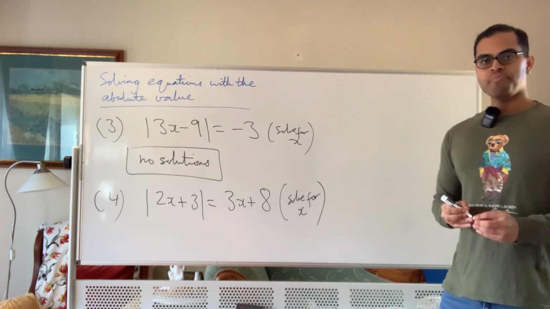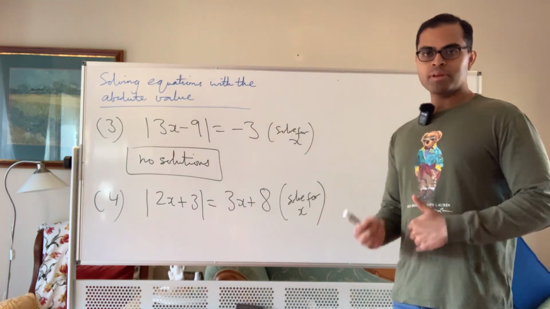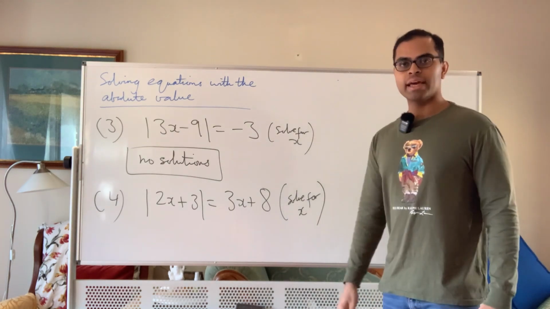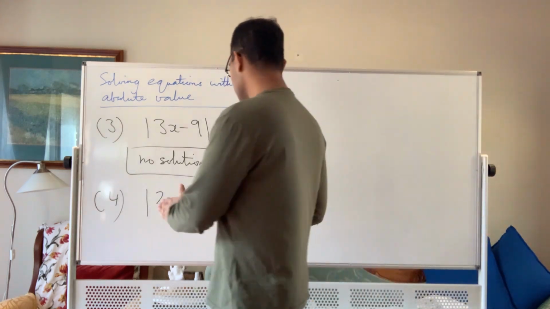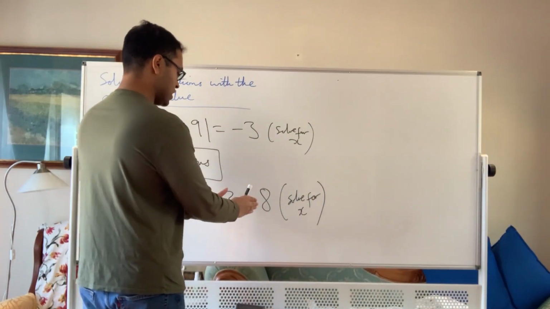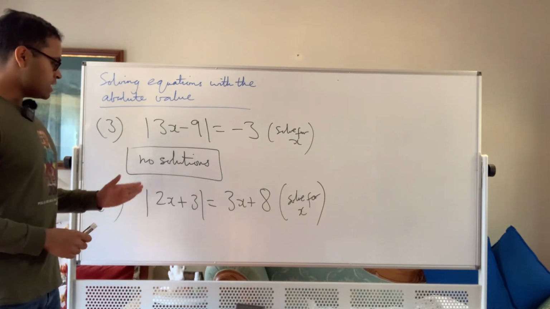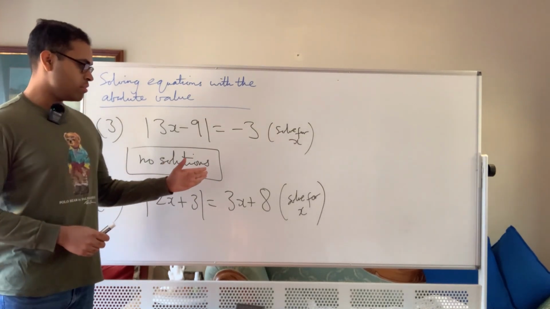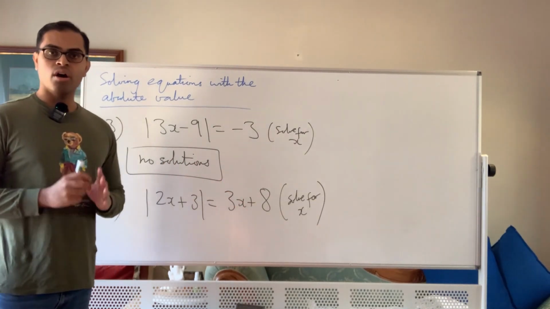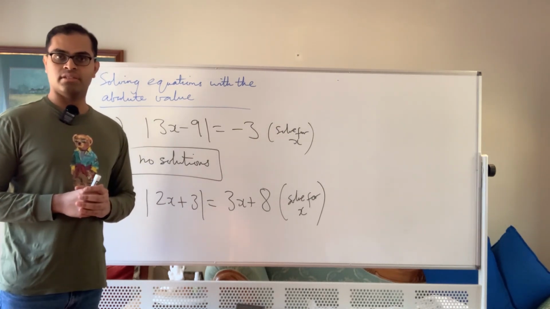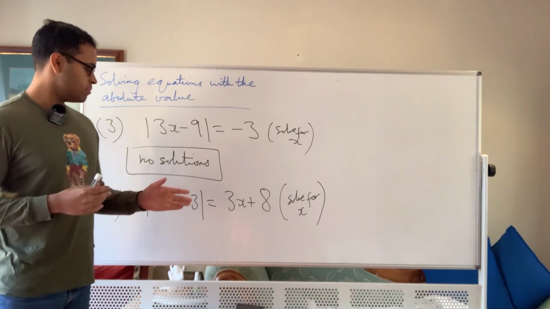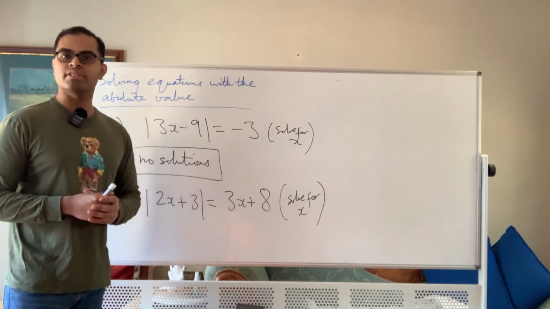Okay, so you'll notice that even though the problems are getting slightly more complicated, the principles are always the same. When you say the absolute value of 2x plus 3 is equal to 3x plus 8, you're basically saying that 2x plus 3 is either equal to 3x plus 8, or 2x plus 3 is the negative of 3x plus 8, right?